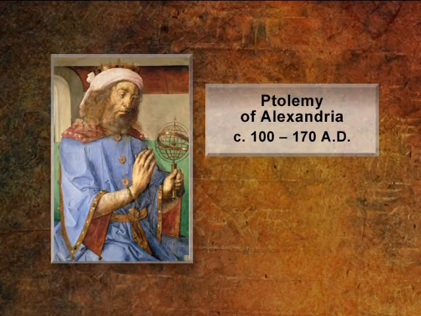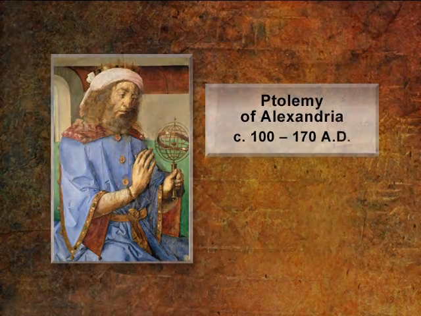He lived during the 2nd century AD, and he took the ideas of Hipparchus and he put them into an incredible work on astronomy, a work that runs to 13 books, a work that is so comprehensive, does such a great job of explaining astronomical phenomena, that just as when Euclid's Elements came out, people threw away any mathematical works they had from before Euclid, the same is true with Ptolemy.